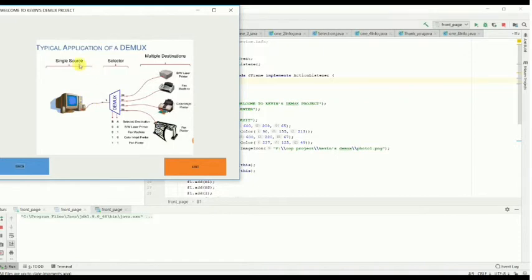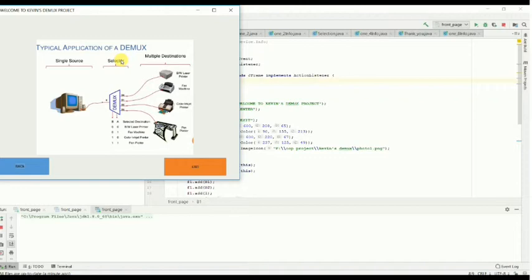We connect a printer, and it will give you output as a print from the computer. So here the computer is the signal input and the printer is the output. Between them, the demultiplexer takes input from the computer and gives output to the printer.